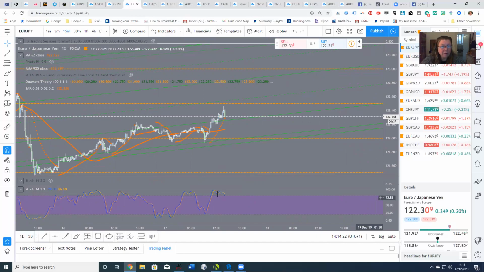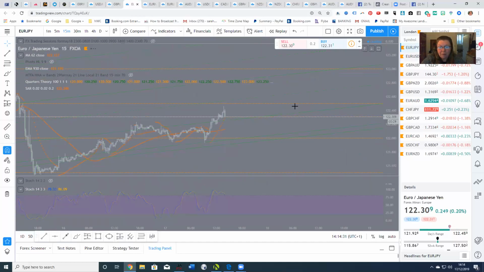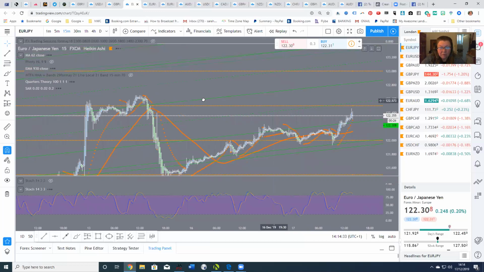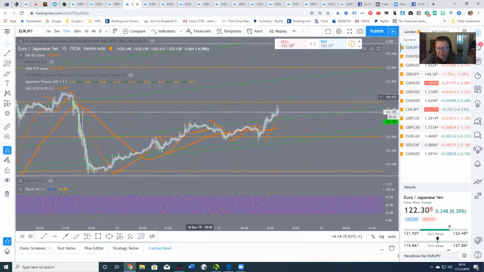So it says on the 15-minute it's peaked, so expecting a SAR flip, and put the Heikin Ashi candles on because they show us the flat bottoms.